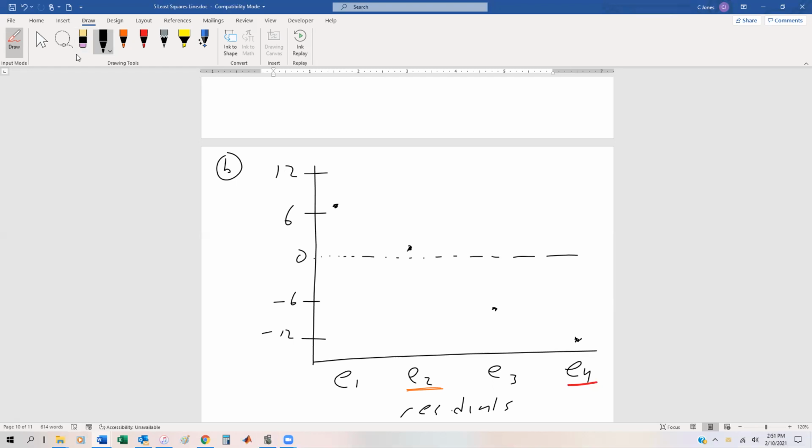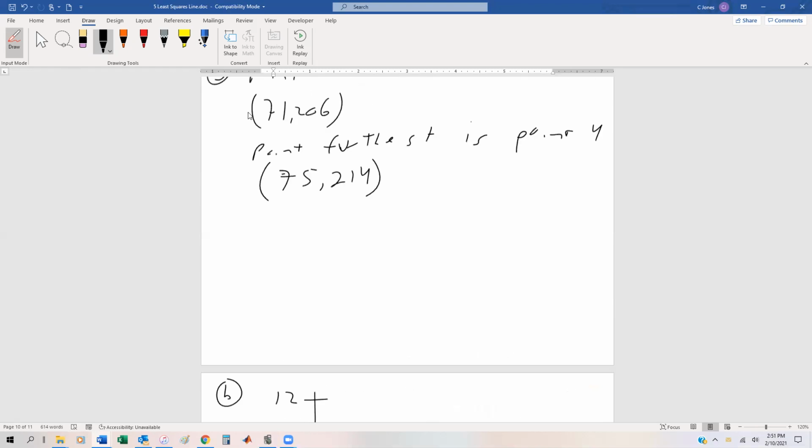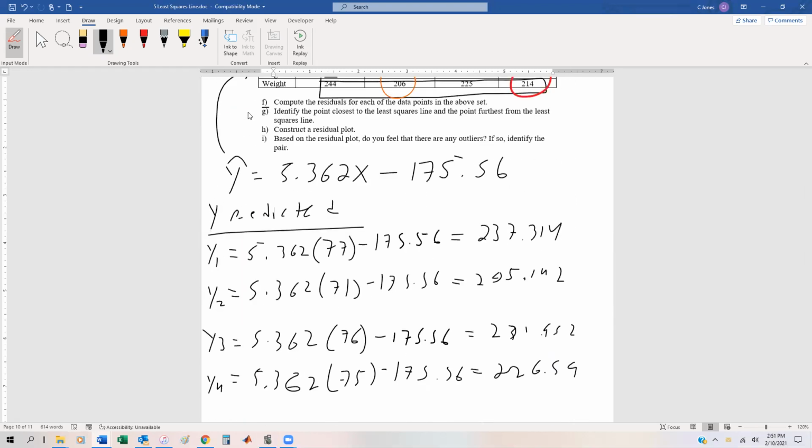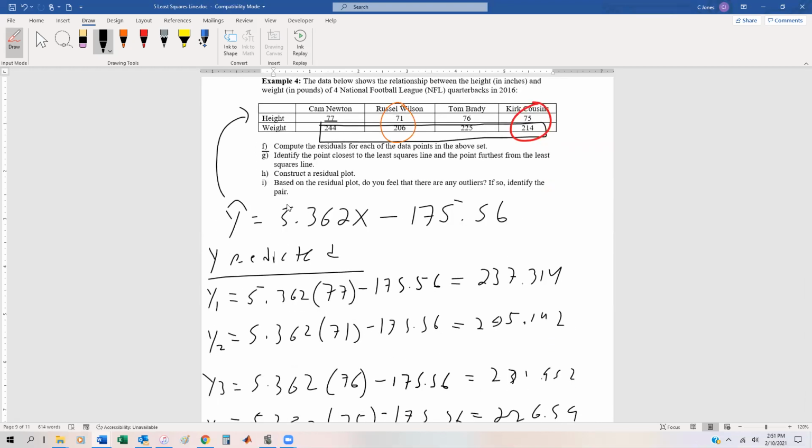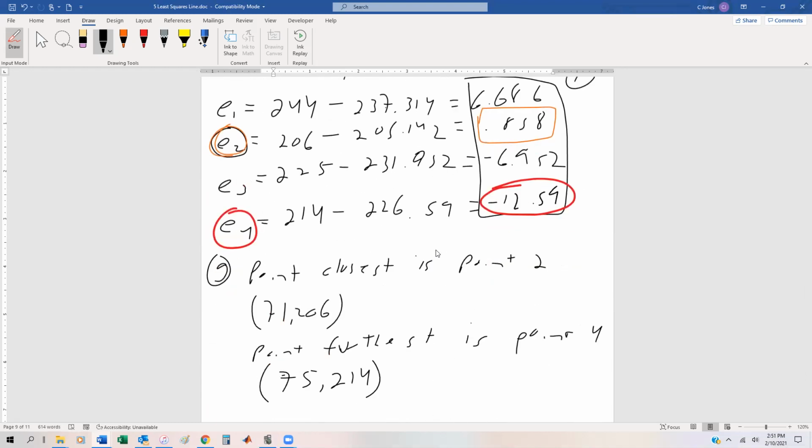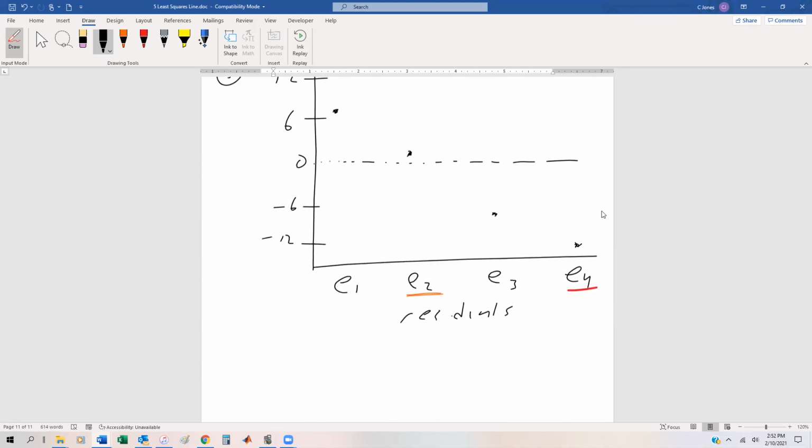Okay, so what we're looking at is the residual plot. And if we go all the way back up, based on the residual plot, do you feel if there's any outliers? If so, identify the pair. And it looks like this point is significantly further away than the rest.